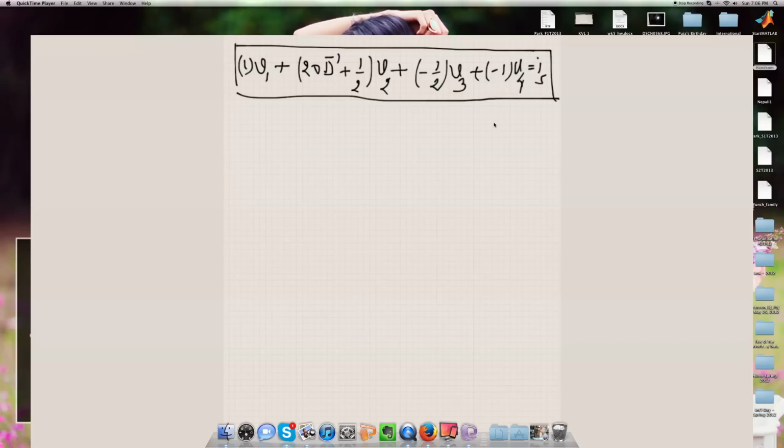Okay, so we have 1, 2, 3 boxes already formed. So the last one we will get by getting the KCL, shall I say, at node number 4. So at node number 4 we have 1, 2, 3 branches.